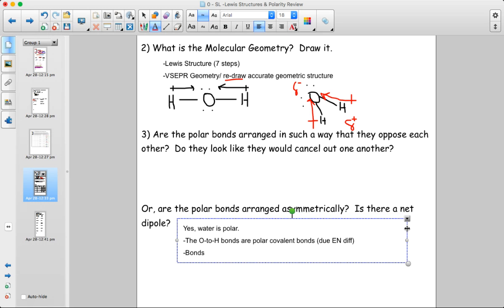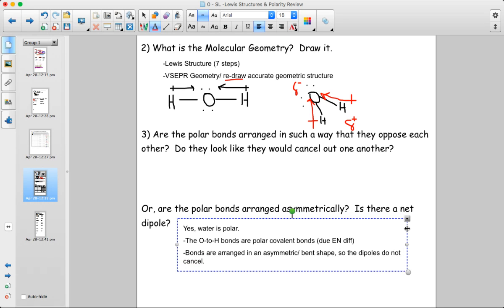And the bonds are arranged in an asymmetric bent shape, so the dipoles do not cancel. This leads to a permanent net dipole, or an uneven distribution of charge.